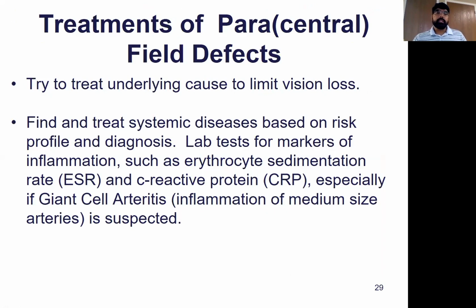So the treatment of paracentral field defects is really to treat the underlying cause and to limit vision loss. So you have to find and treat systemic diseases, based on lab tests often. Those who have giant cell arteritis, the C-reactive protein and the ESR, the erythrocyte sedimentation rate, those two markers may be high.